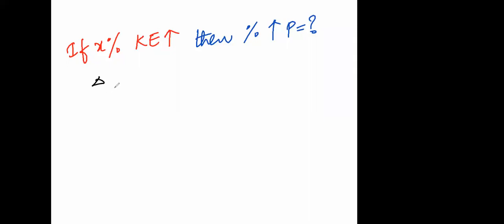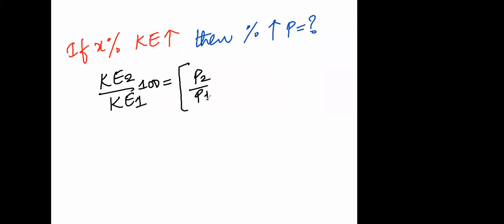Delta KE divided by KE1 into 100 is equal to (P2 by P1) whole square minus 1 into 100. This is the formula to calculate percentage of increase in kinetic energy.